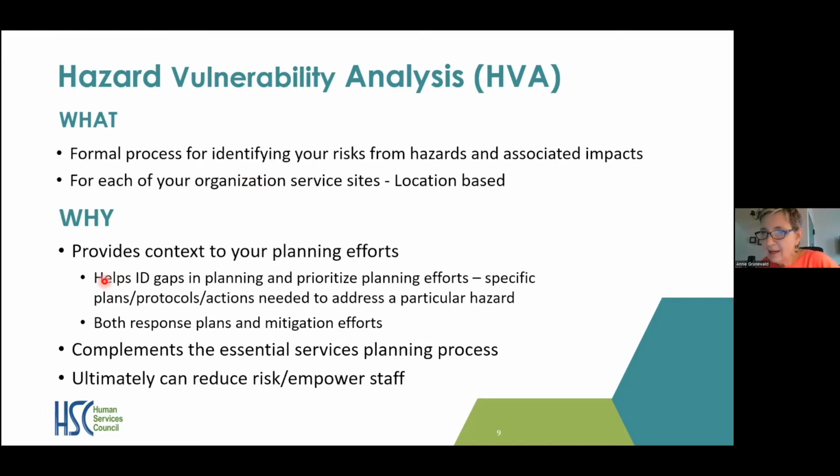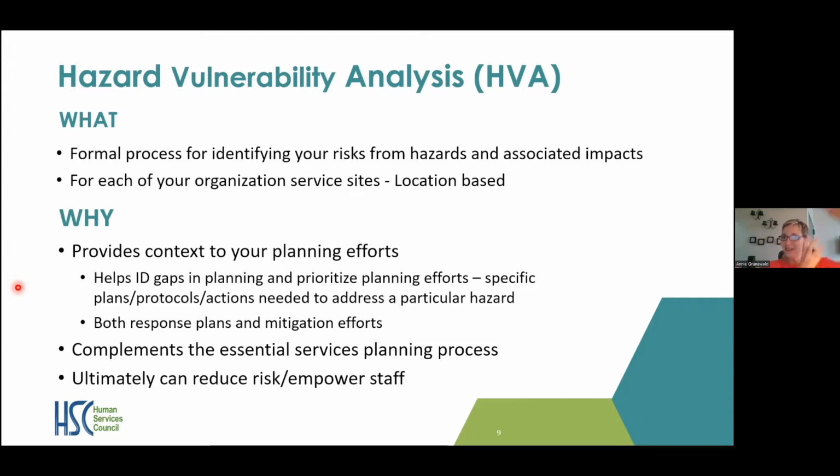So the other thing, why are you doing this? It provides context to your planning efforts, right? It helps identify gaps in planning and prioritize your efforts specific to hazards. Both response plans you might be thinking about when you're doing this process, or mitigation efforts to lessen the impact. It complements the essential service planning process.